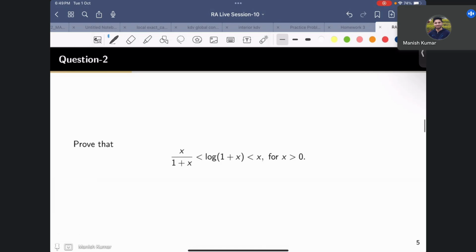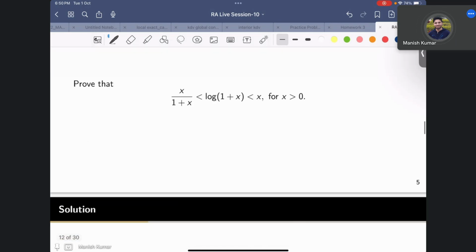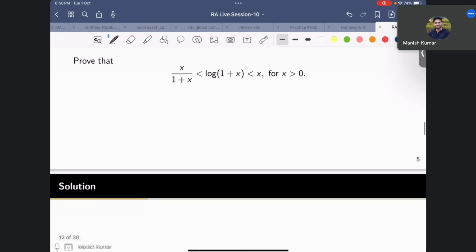Okay, so I think we have already done this kind of problem when we were proving convergence of sequences and all, but those were more with natural numbers. But I think I gave you an idea of how to prove this kind of inequality, right? So to prove this, we'll just subtract this function.